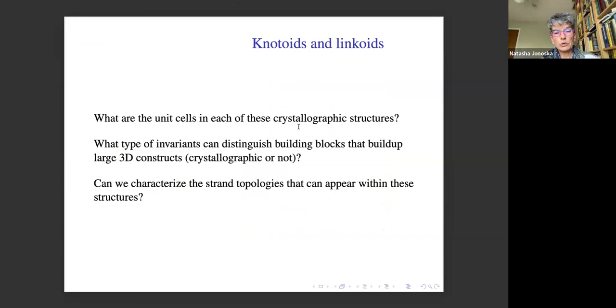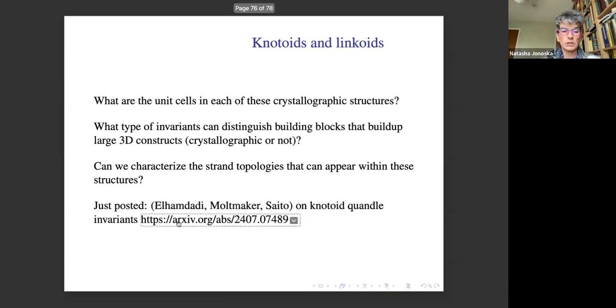I just want to point out that all these structures are raising zillions of mathematical questions. What are the unit cells on all these crystallographic structures? What type of invariants can distinguish building blocks that build large 3D constructs, crystallographic or not? Can we characterize the strand topologies that can appear within these structures?